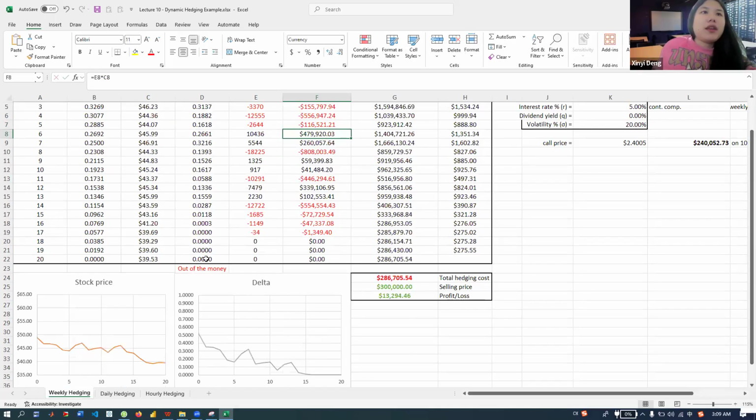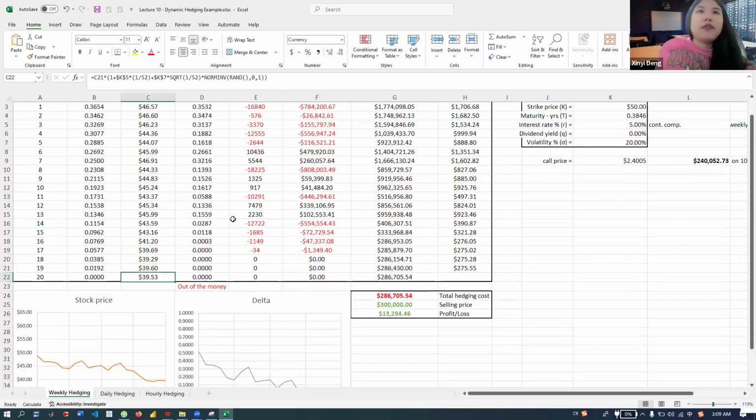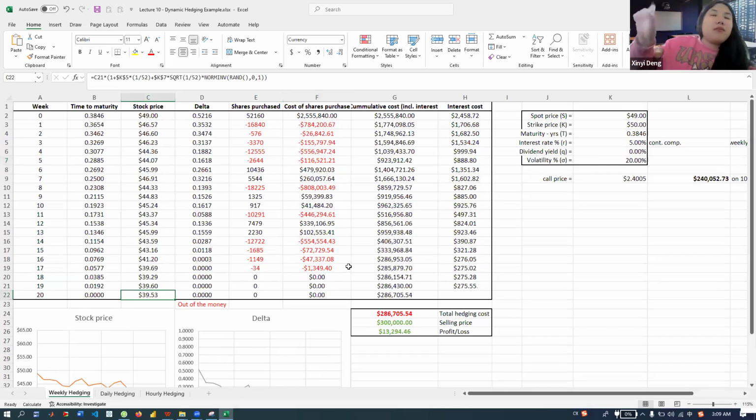One more thing here. For this simulation, note that once you click onto each cell, the simulation is going to change.